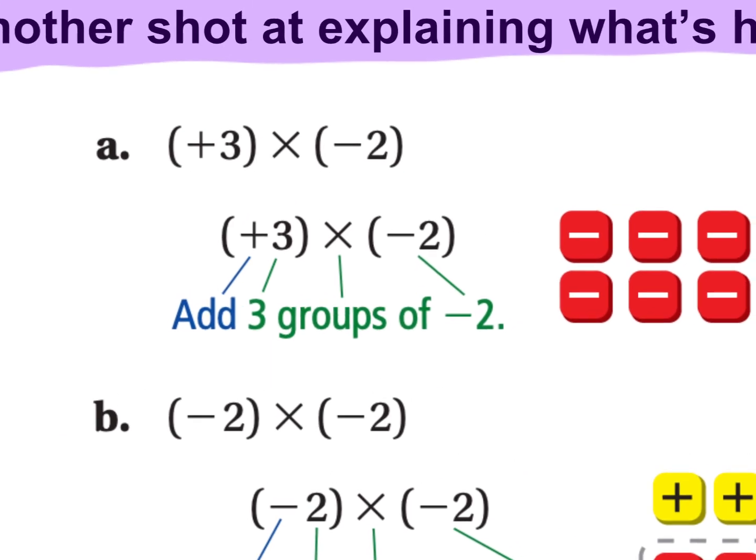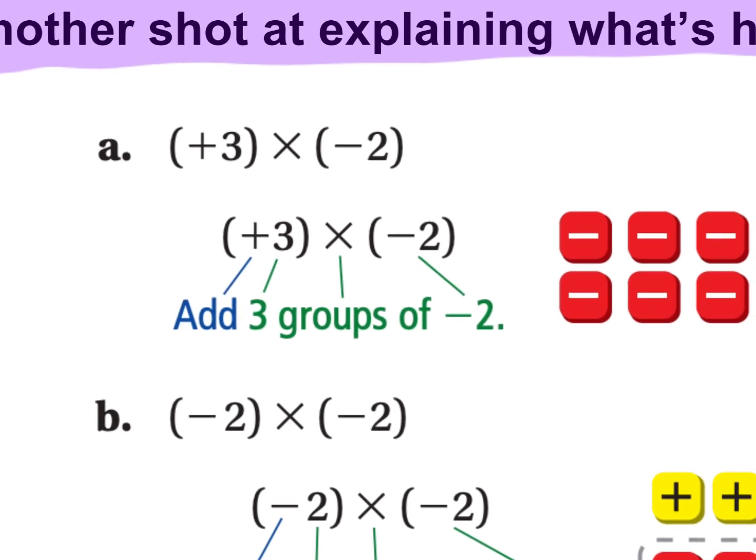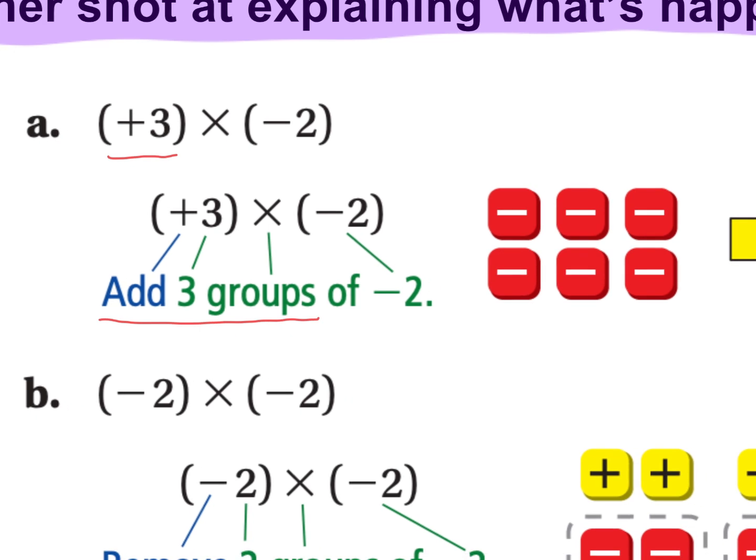So here's what they're doing. If I have positive 3, that's like saying I'm about to add 3 groups. Because it's positive, I'm going to give or add 3 groups. But then what's going to be in those 3 groups? It's going to be 3 groups of negative 2, okay?